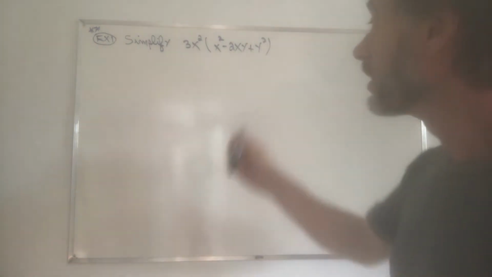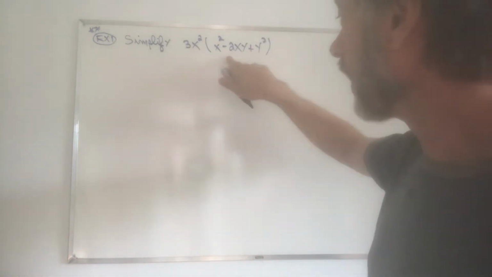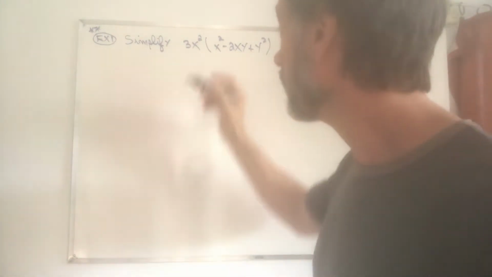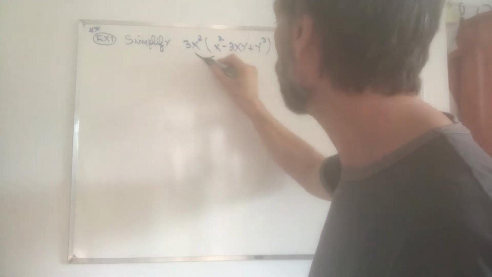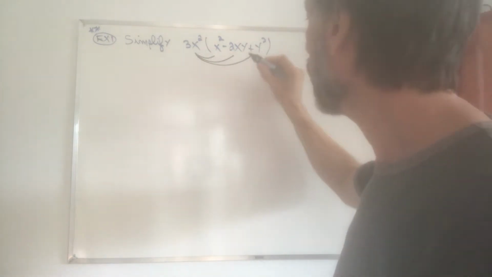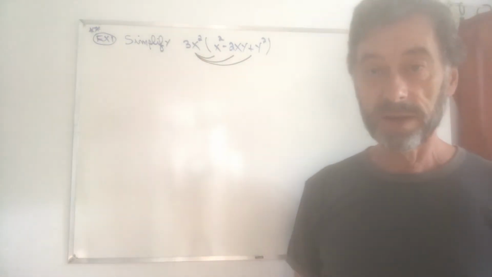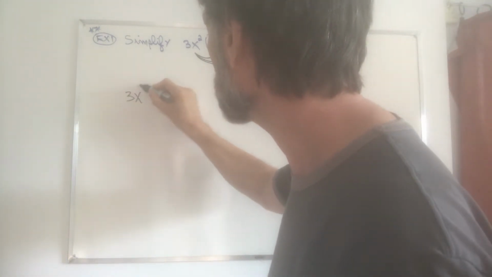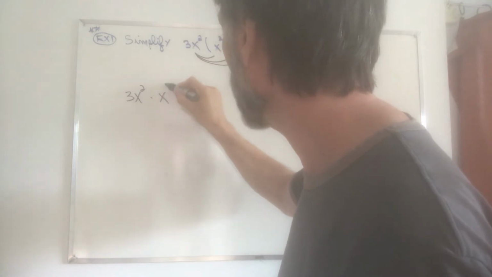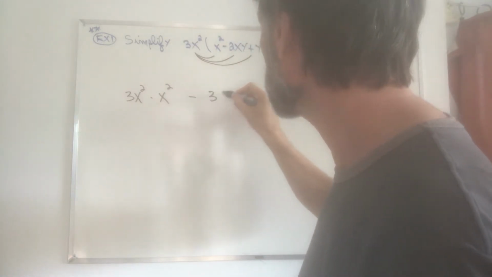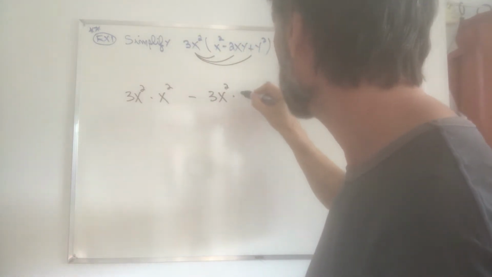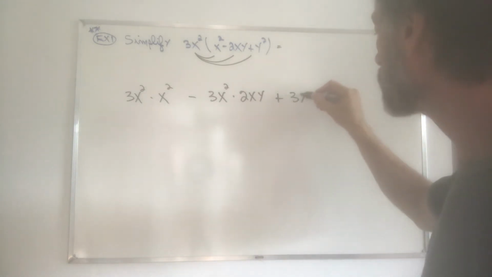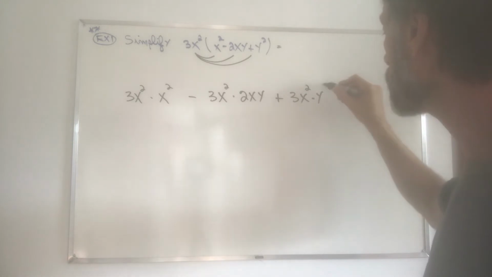Well, this is 1, 2, 3 terms in the bracket, so a trinomial times one single term. We don't care. It's still the same thing. It's still the distribution method, and we just have to multiply the 3x squared with all three guys. So this is 3x squared times x squared minus 3x squared times 2xy plus 3x squared times y squared.